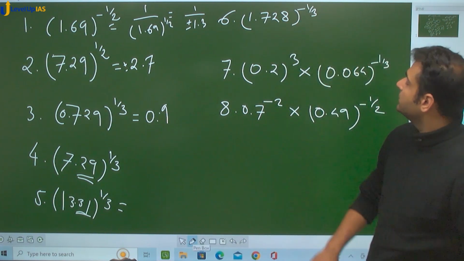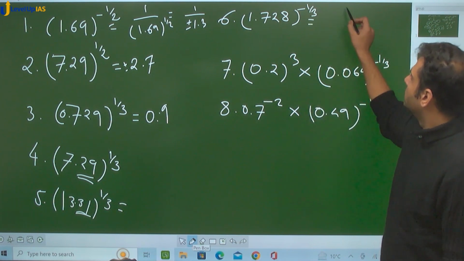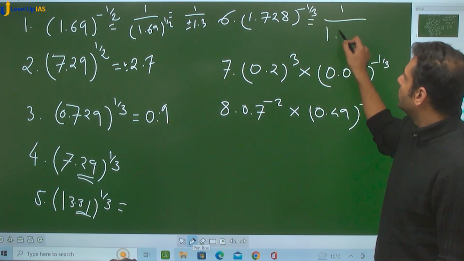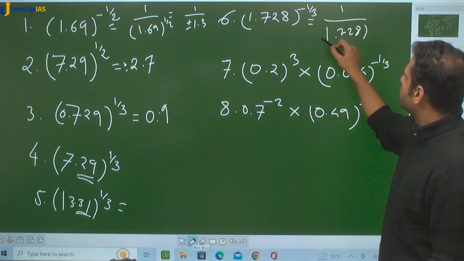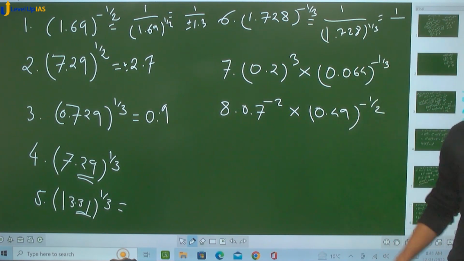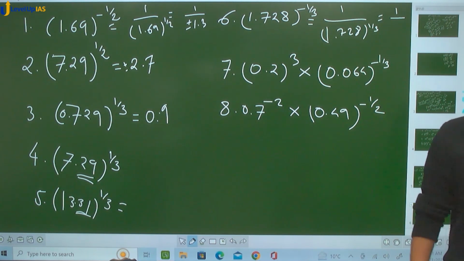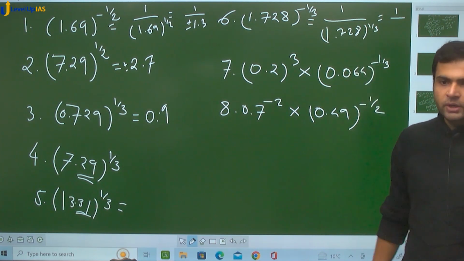Okay. Next question, what would be this? It is 1 upon 1.728 raised to 1 by 3, which is 1 upon, what is the cube root of 1.728? 12. You have to adjust for the decimal point as well.